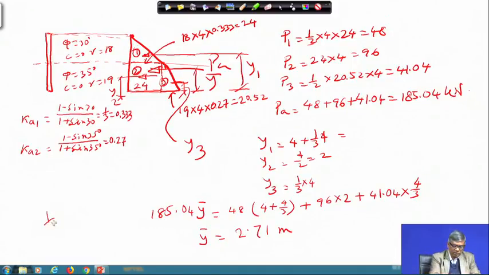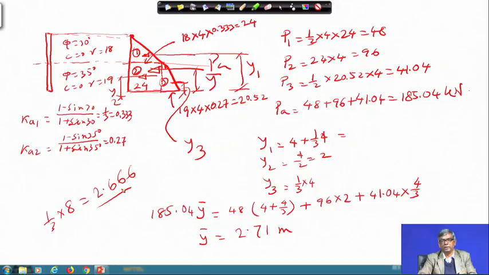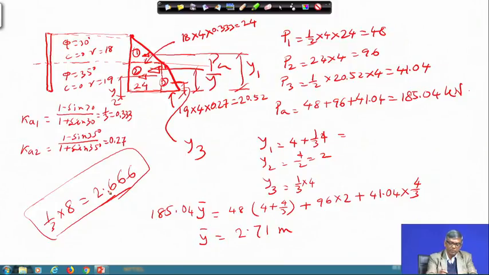So, when there are 2 layers, if it were a single layer, it could have been 1/3 from the base, 1/3 of 8. How much is it? It is 2.666. So, if it would have been a single layer, whatever may be the phi, I could have gone with a single diagram, and your point of application of the thrust would have been at 2.666 meter from the base.